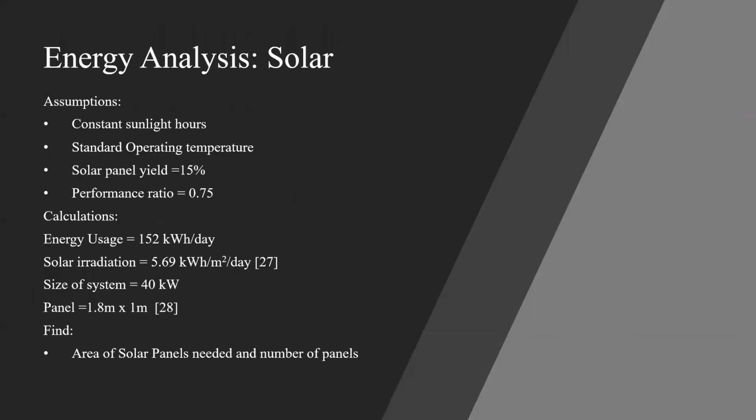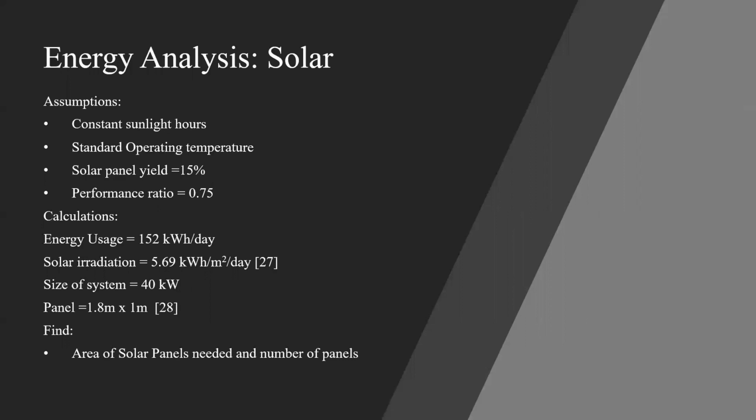So using our baseline system, we calculated the area of solar panels and the number of solar panels that we need to use to produce the equivalent amount of energy. Our assumption was the solar panel yield is 15% and the performance ratio is 0.75.